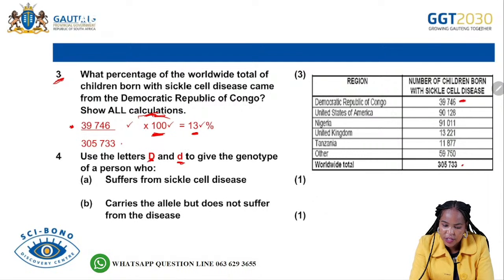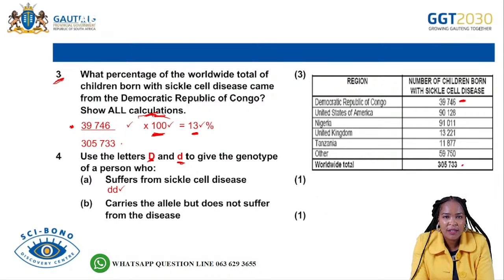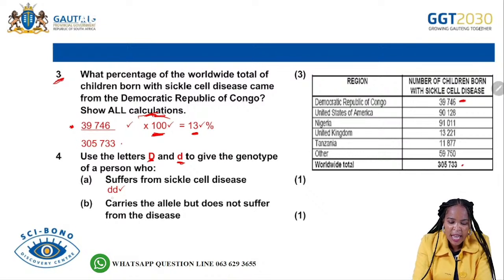So a person with sickle cell disease, if you go back to the introduction, to the statement that you got, we were told that sickle cell is caused by a recessive allele. So that is why a person with sickle cell will have small letter d. So these will be the alleles to represent a person suffering from sickle cell disease.